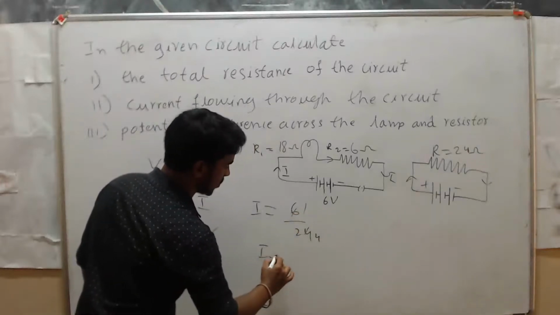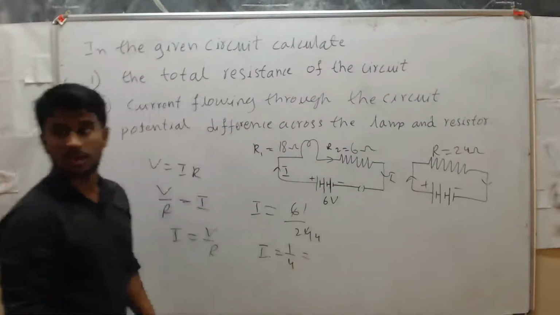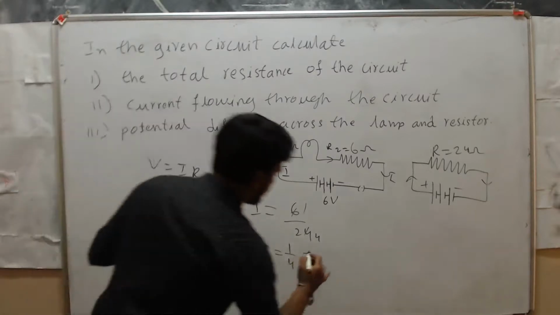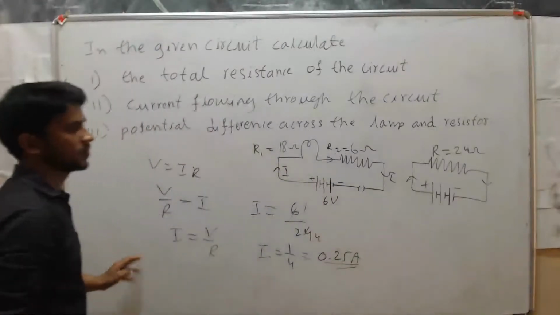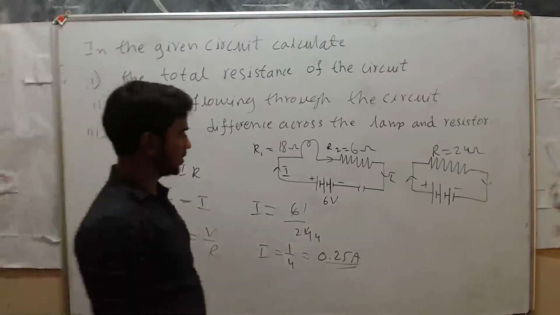So I is equals to 1 by 4, which is 0.25. So current is 0.25 ampere. So total current in the circuit is 0.25.